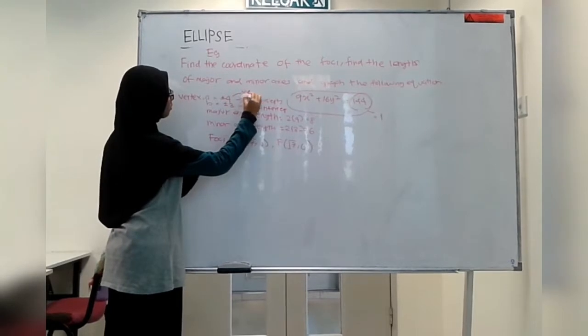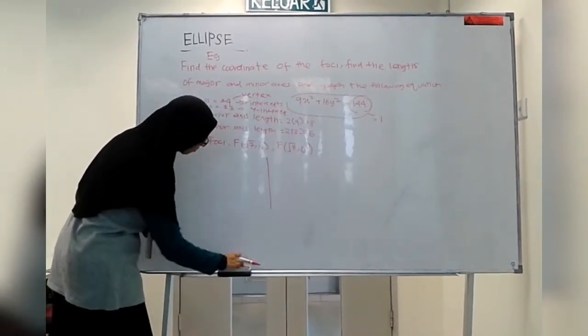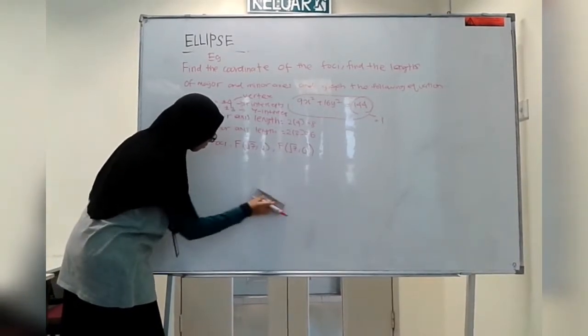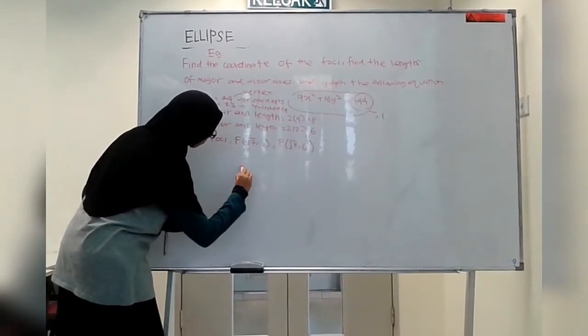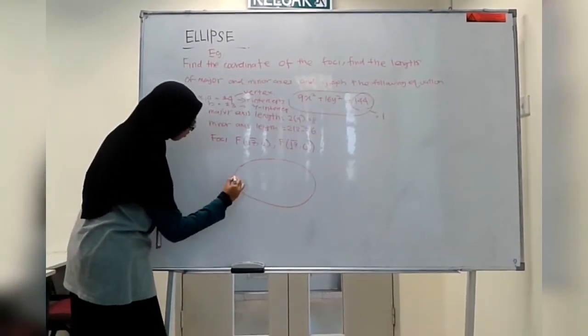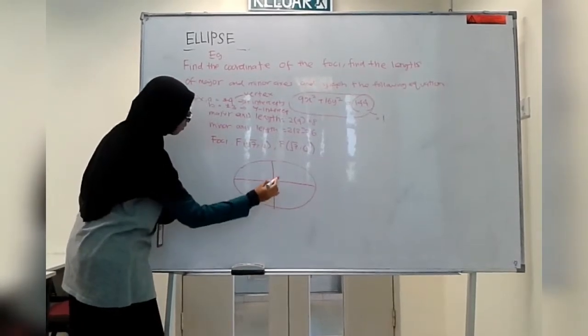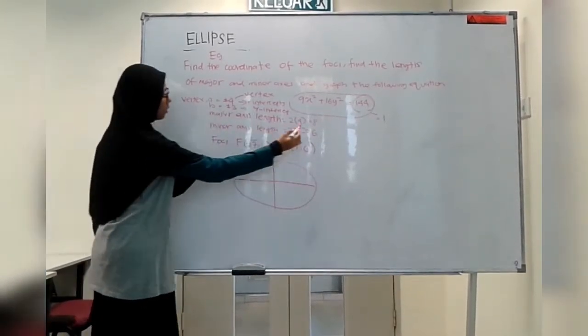And with the vertices, we can draw the ellipse. So it's the major axis and minor axis. The major axis length is 8.